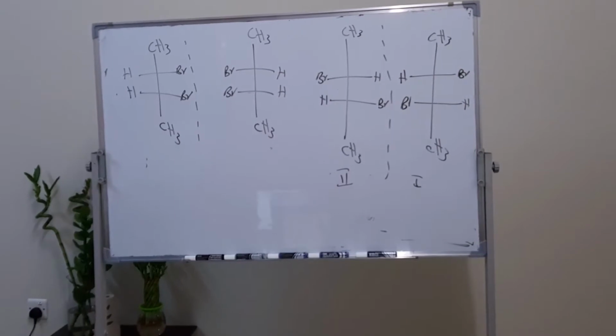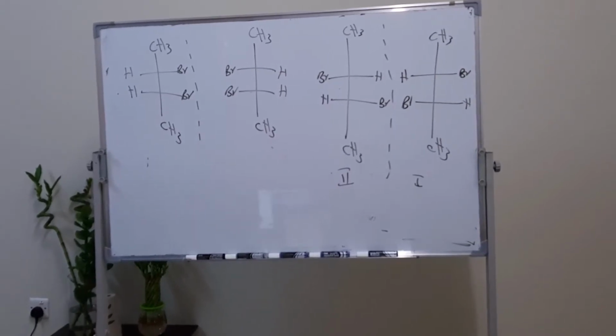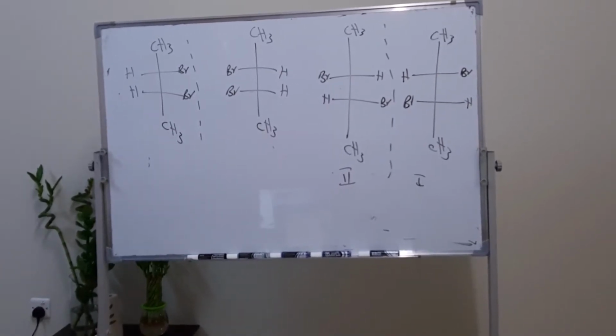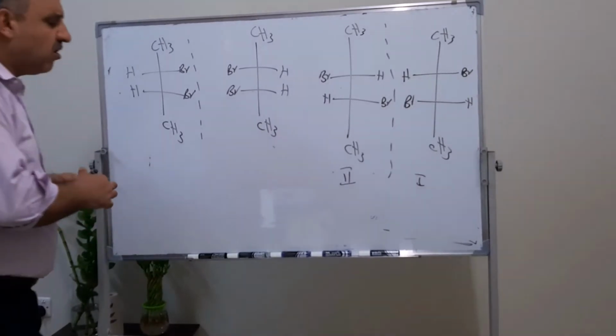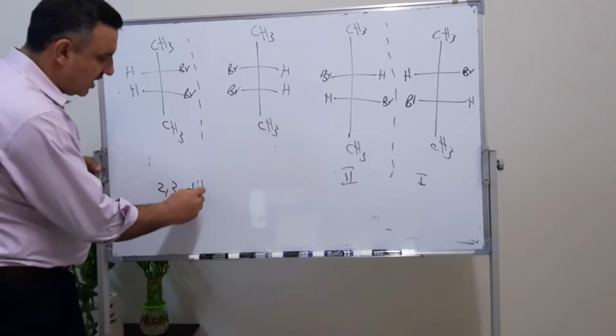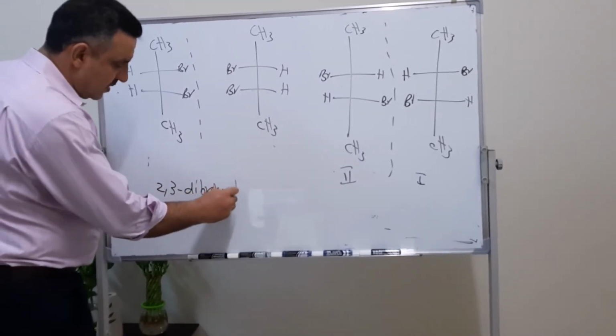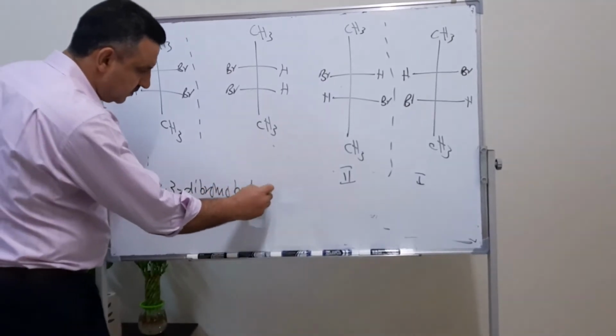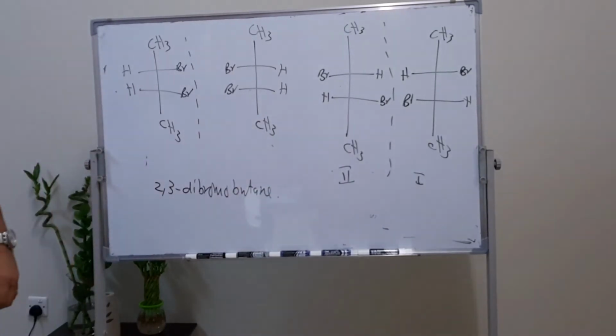Anyone knows? Alright, the IUPAC name of all of these must be the same, which is 2,3-dibromobutane. The difference is in the absolute configuration.